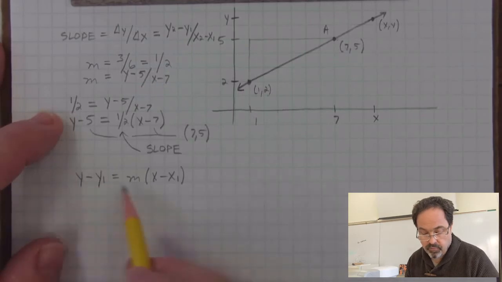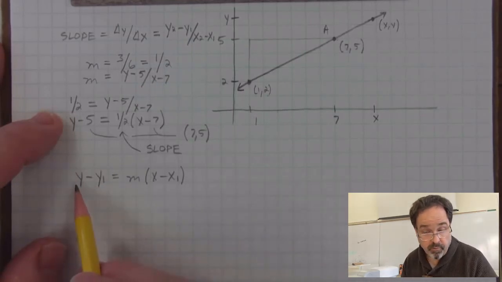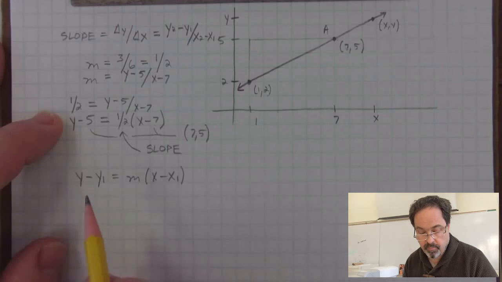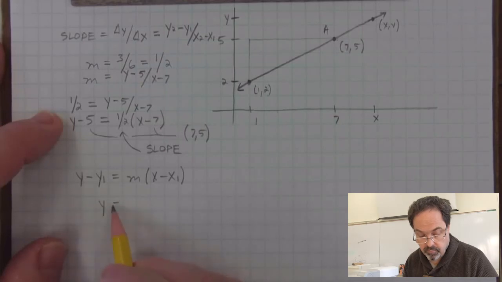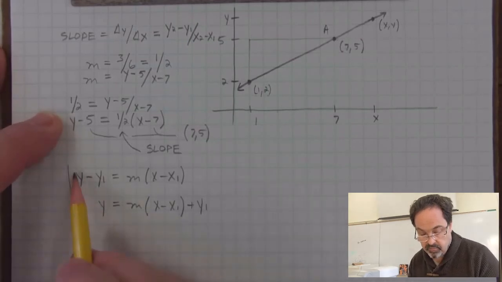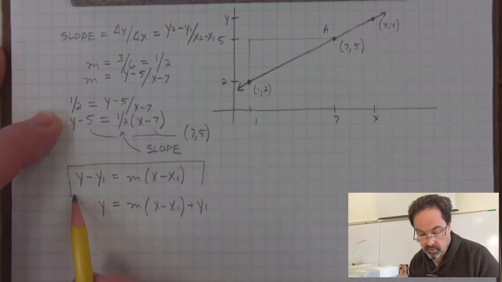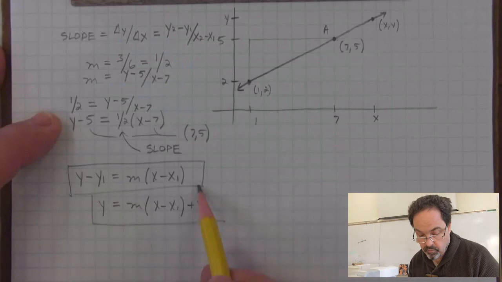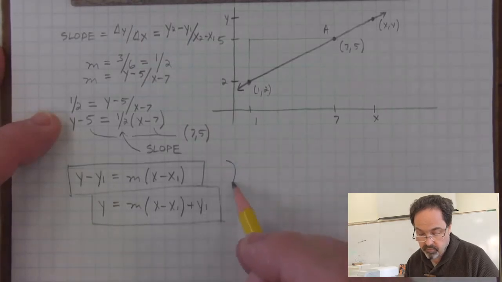We could solve this equation for its variable y by adding the y component of the point used to both sides. And when we do, we get y is equal to m times x minus x sub 1 plus y sub 1. These two equations are both what we call the point slope form of a line.